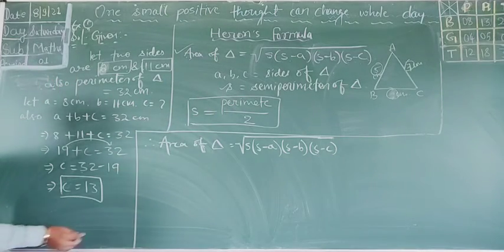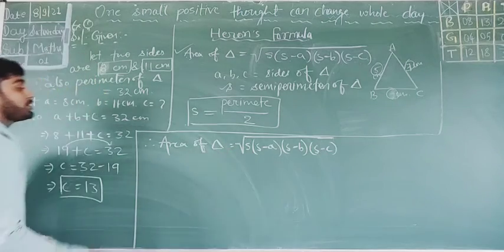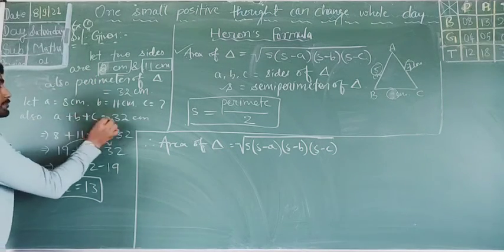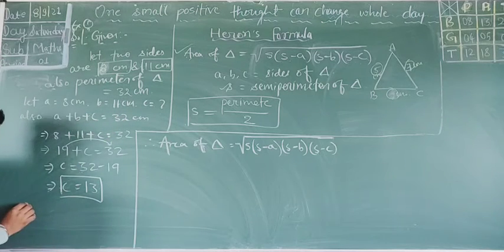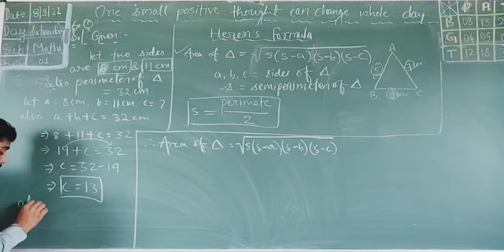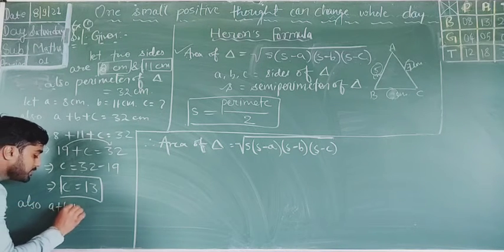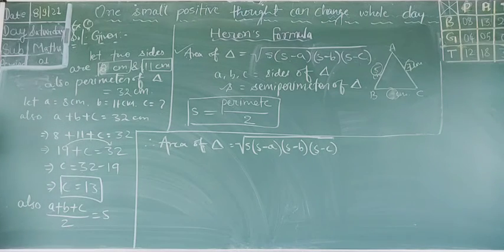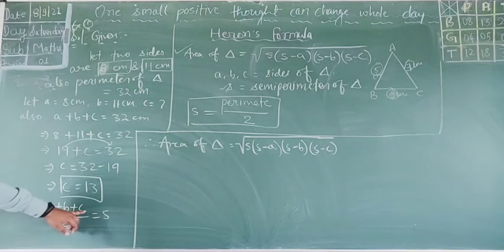And last one more thing is there. There is s, but we did not find out the value of s there. And we have perimeter as 32. Here perimeter is equal to 32. Therefore a plus b plus c upon 2 is equal to s, because a plus b plus c is equal to the perimeter.